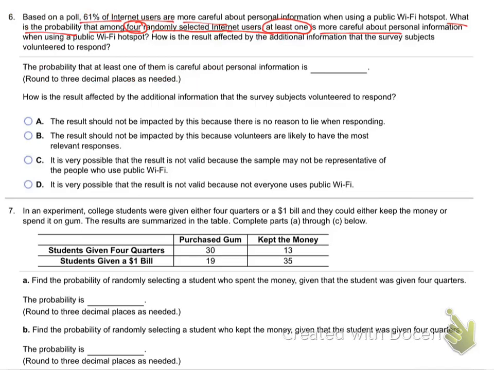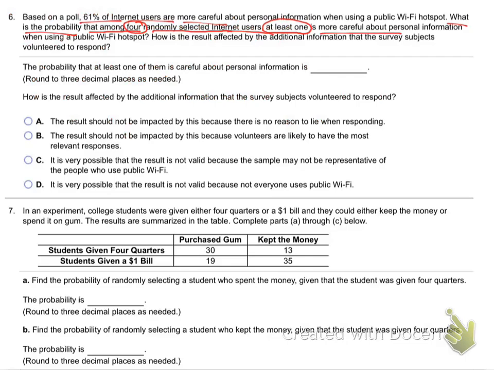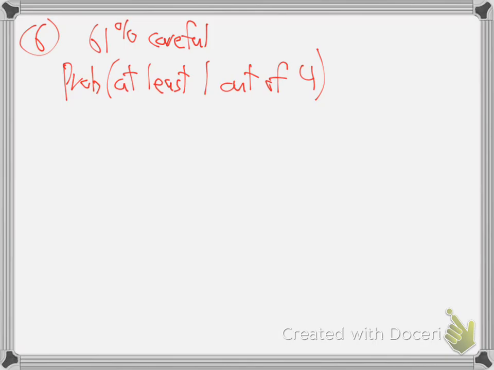I'm probably not among them. And what's the probability at least 1 out of 4 is careful? So it's another at least 1 question, isn't it?